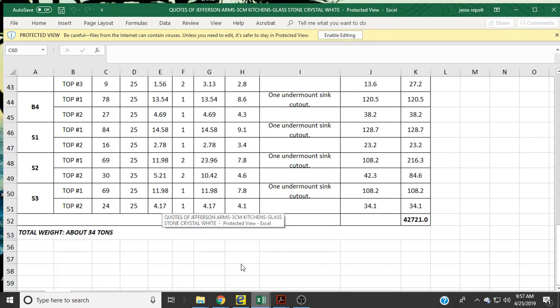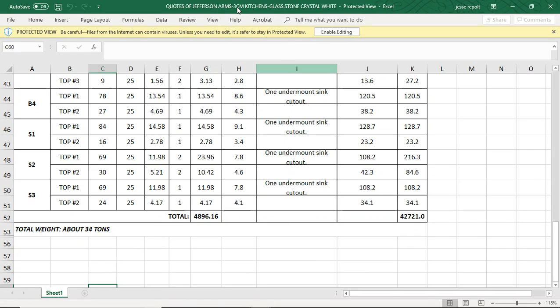So I've got a quote from Chris here. Okay, this is 3CM Kitchens, and this one is his total square footage, and this one is his fabricated cost.